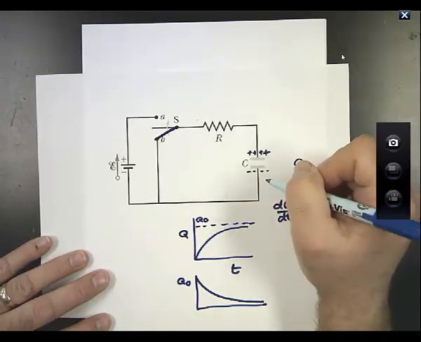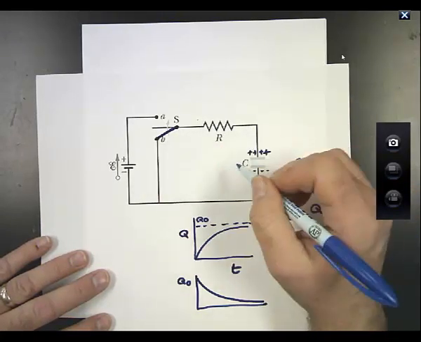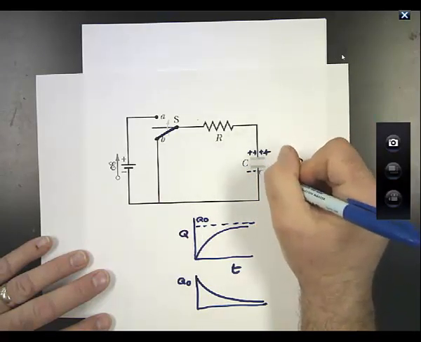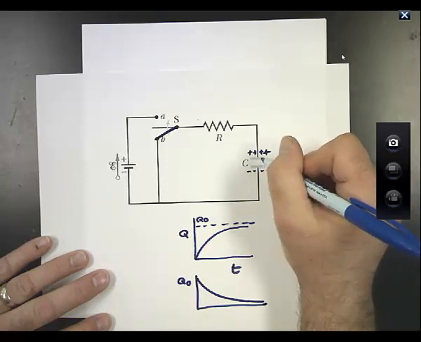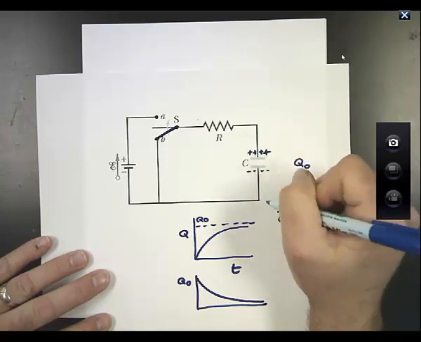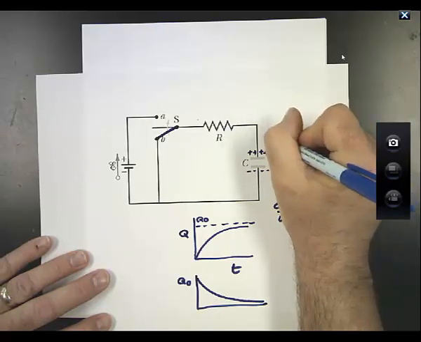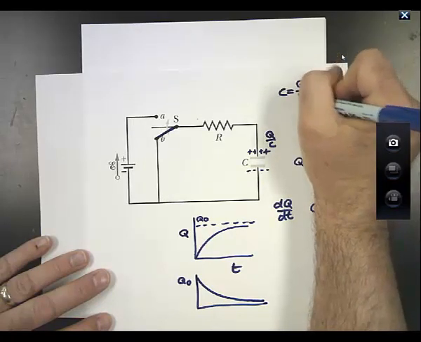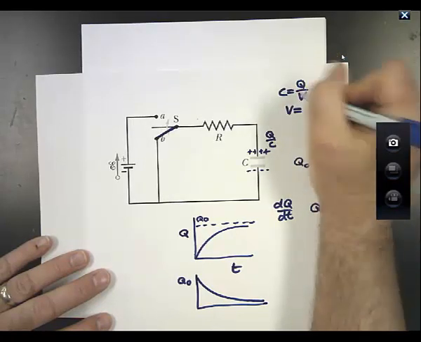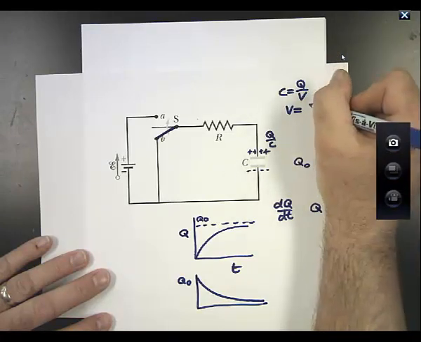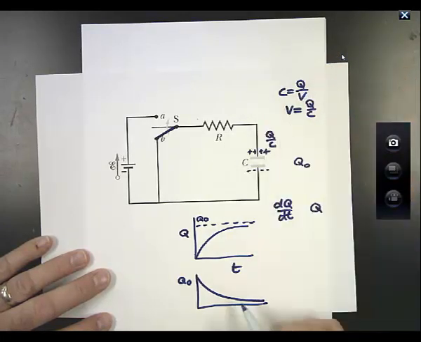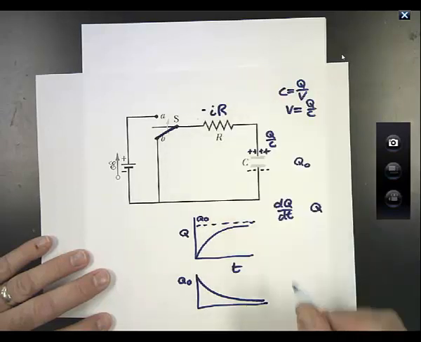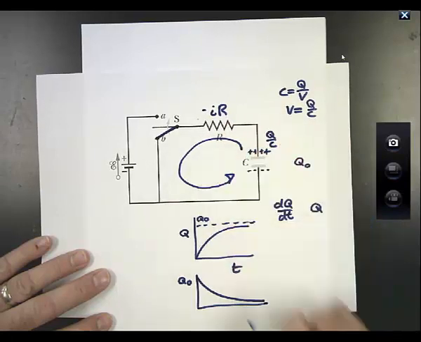In this situation, we can use Kirchhoff's laws to write an equation for it. The potential difference across the capacitor as we go through the circuit is going to be Q over C. That makes sense because C is Q over V, so the voltage gain is going to be equal to Q over C. Just like before, this is going to be minus IR as we imagine current is flowing through the system.